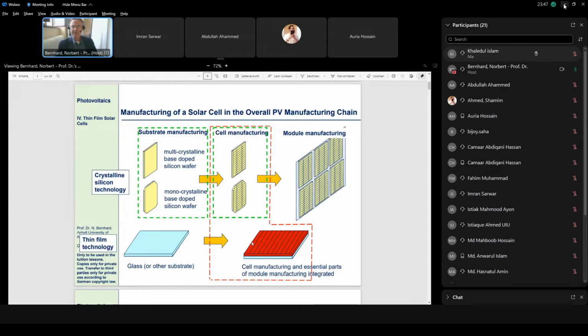That means it must be a direct or quasi-direct semiconductor, else it would not work, because otherwise one couldn't absorb sufficient light, which is needed to get a reasonable conversion efficiency. That means, for example, crystalline silicon, since it's an indirect semiconductor, cannot be used as thin film solar cells. For an indirect semiconductor, we need much bigger thicknesses. But this we treated last week.